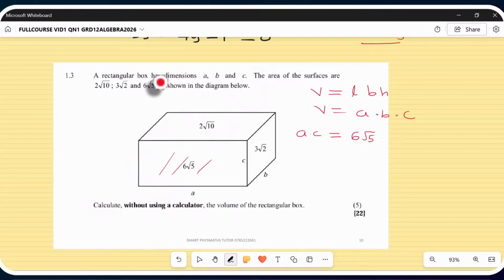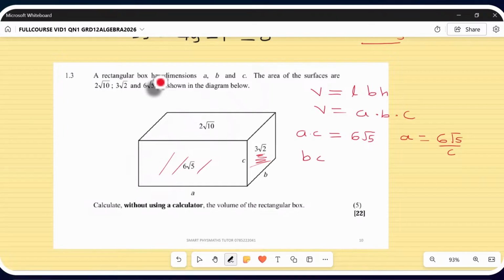However, don't forget the one on top here, which is also A and B. On top, my AB equals this 2 root 10.